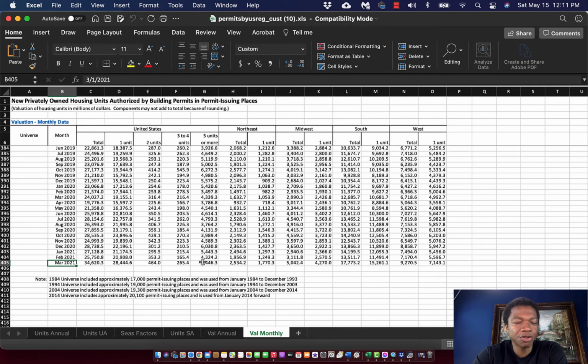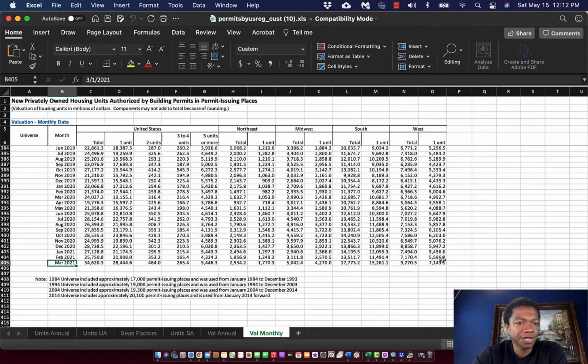Looks like spending on permits is up for 3 to 4 units as well. And for 5 or more units, the permits are up. And then in the Northeast, permits are up. And 1 unit, permits are up. Midwest, permits. So it looks like permits are up across the board month over month.